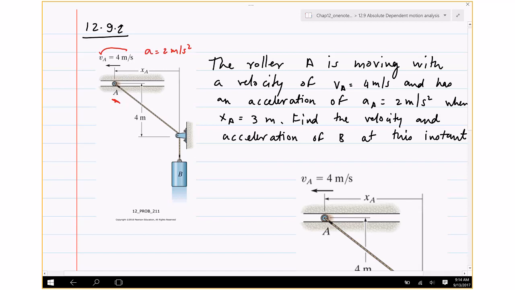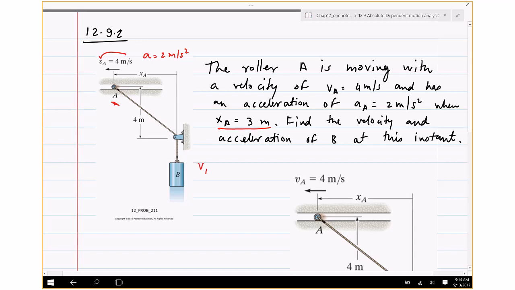The direction is not given, but I'm going to assume that the direction is going to be left. It could be that A is to the right; there's no reason why it should be the left. So when xA is 3 meters, so when A is at 3 meters from the right wall, find the velocity and acceleration of B. So we need to find the velocity of B, acceleration of B.